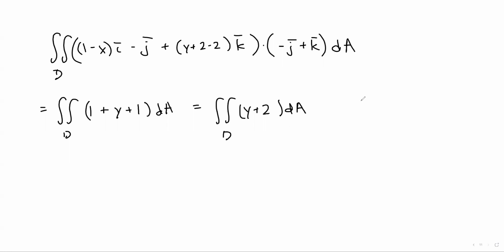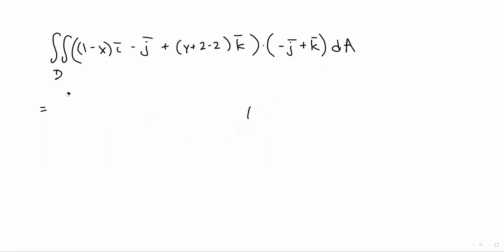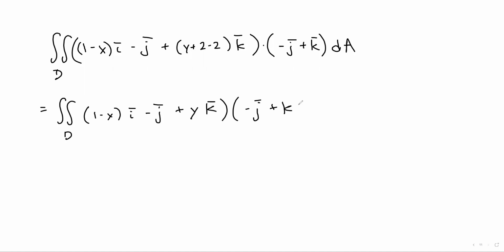Okay. And then if we go through and do that, those are going to cancel. And so we've got 1 minus x i minus j plus y k dotted with negative j plus k.